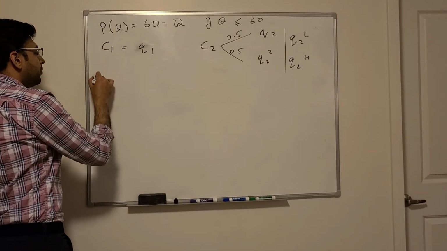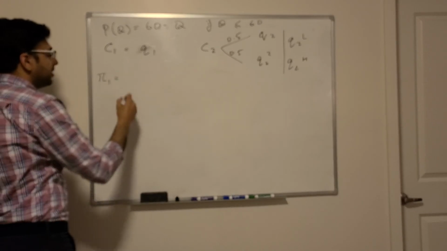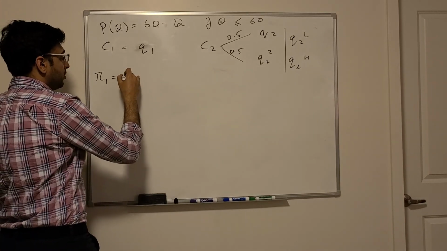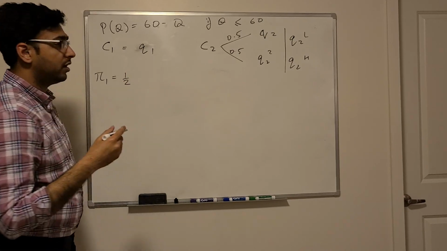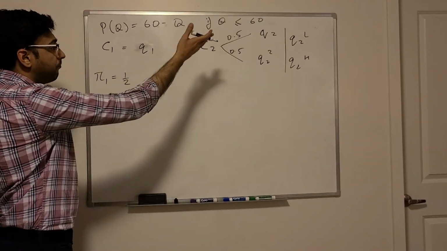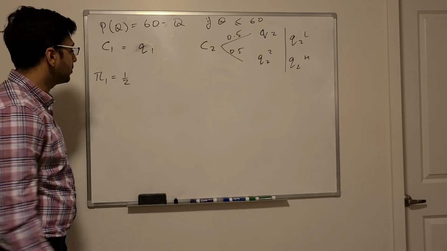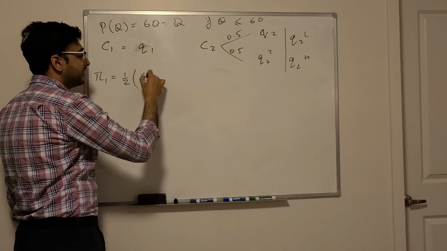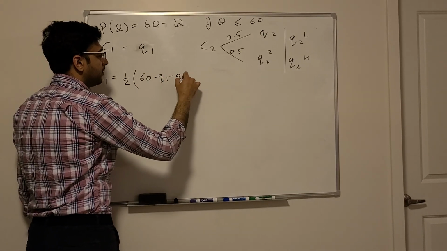So firm 1's profit will simply be, with a 1/2 chance firm 1 is facing a firm 2 with a lower cost, and so with a probability 1/2, the price is 60 minus Q1 minus Q2L.